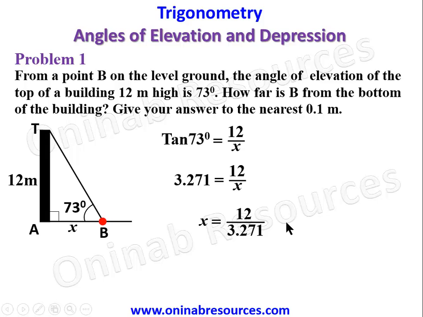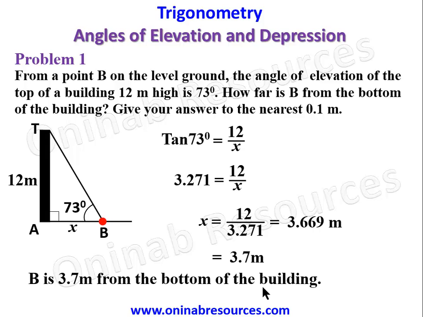Using our calculator, we have it as 3.667 meters, and to the nearest 0.1 meters, that's to the nearest one decimal place, this is 3.6. Then we check the next digit, since it is greater than 5, we round up, so it becomes 3.7 meters. Therefore, B is 3.7 meters from the bottom of the building.